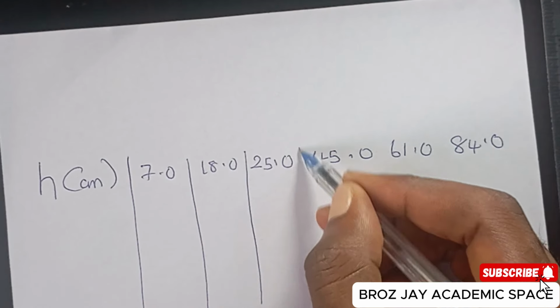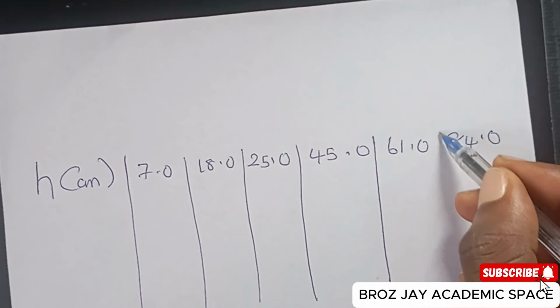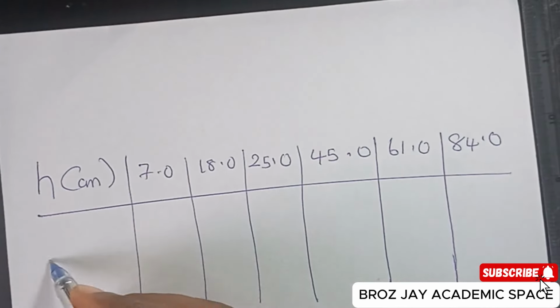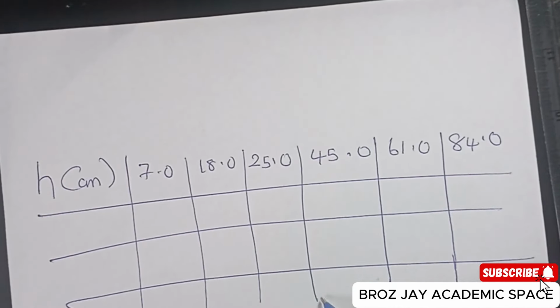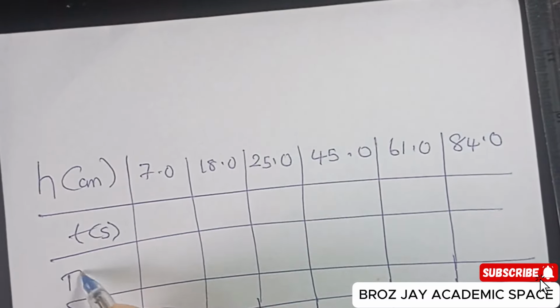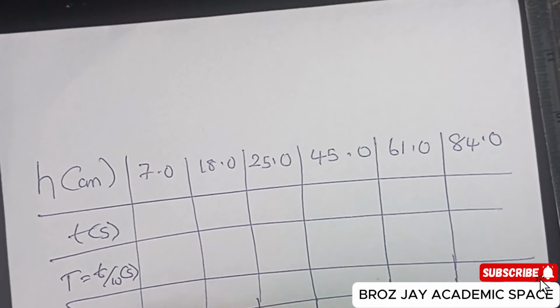Please make sure you use a ruler so that your line will be accurate. So this is for t, small letter t, which was given. We'll be looking for t all over 10, t in seconds, and we'll square this, t square in seconds square.